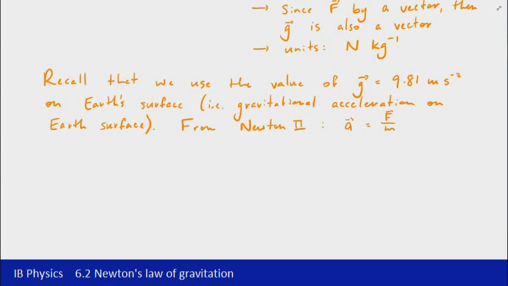We're saying that g is acceleration due to gravity, but we're also saying that it's gravitational field strength. So both of those terms, gravitational acceleration and gravitational field strength, are basically interchangeable.